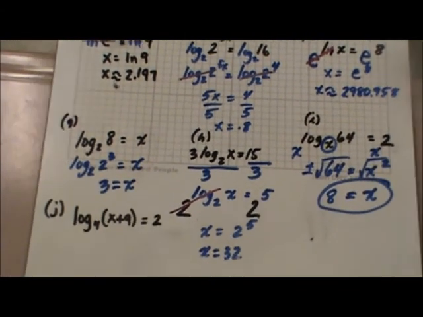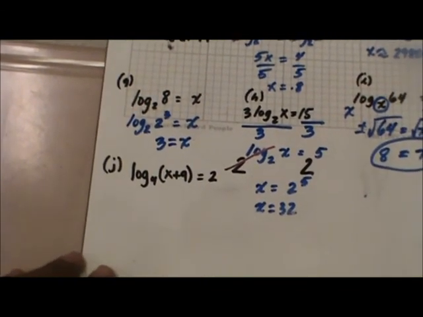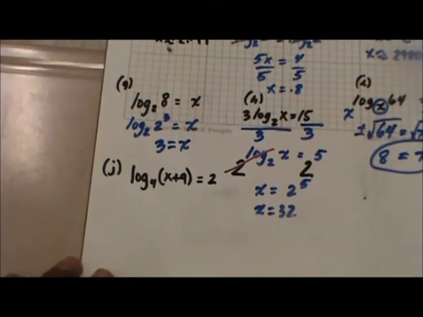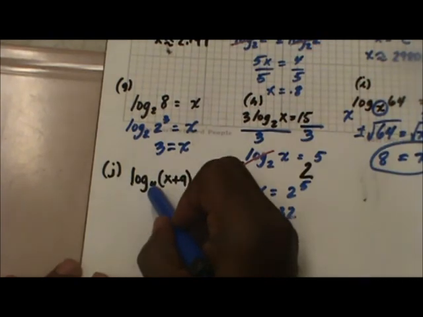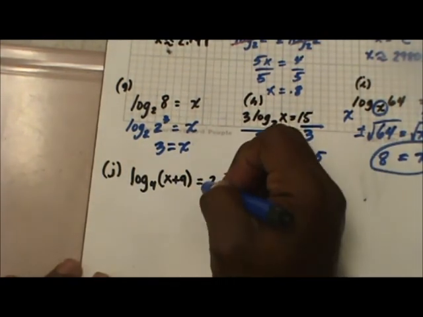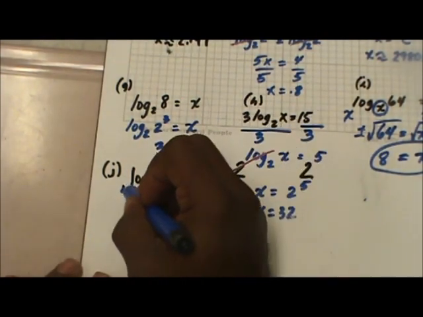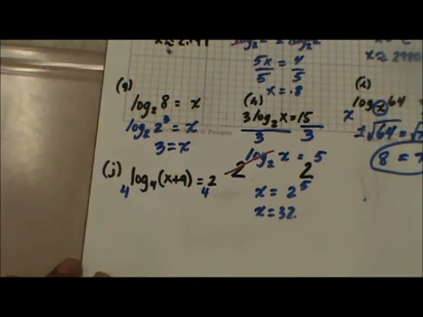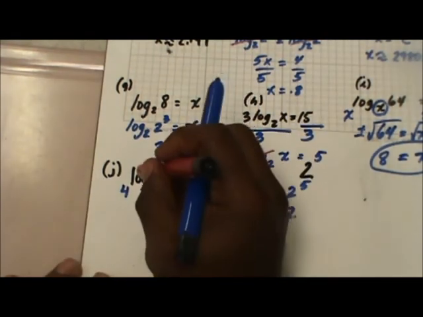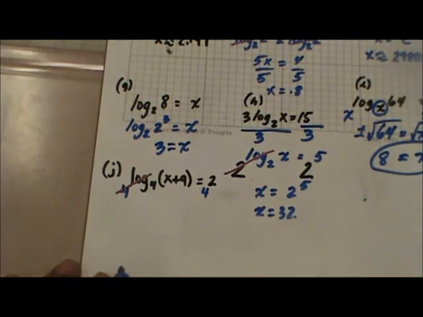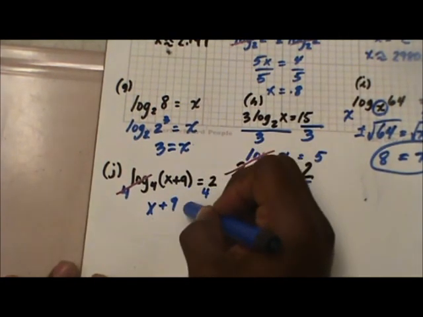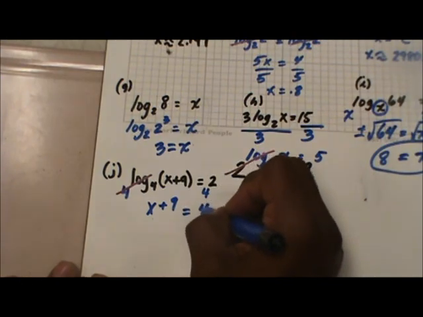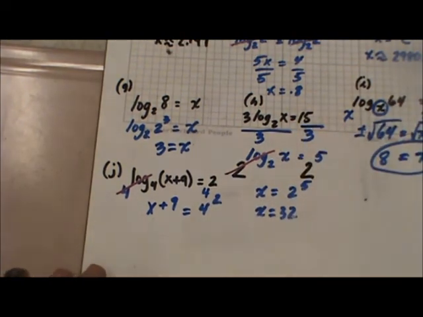And J, last but not least. We're trying to solve for x. We need to move things away. Now, I want to get rid of log base 4. So I push everything up to a 4. That'll cancel that. We have x plus 9 is equal to 4 squared.